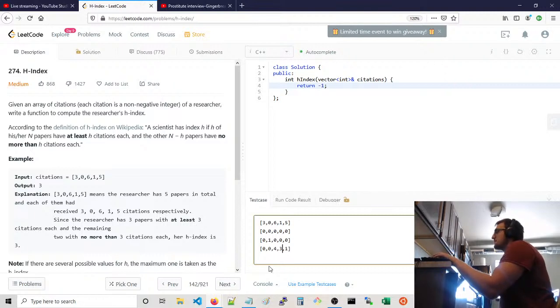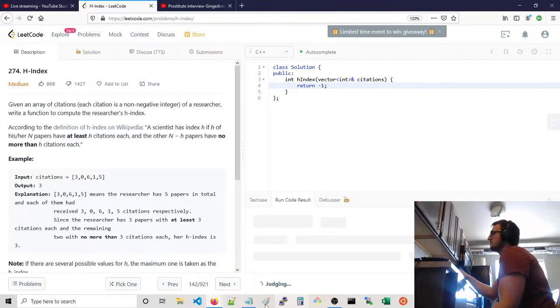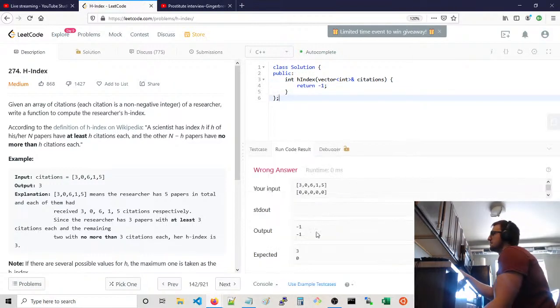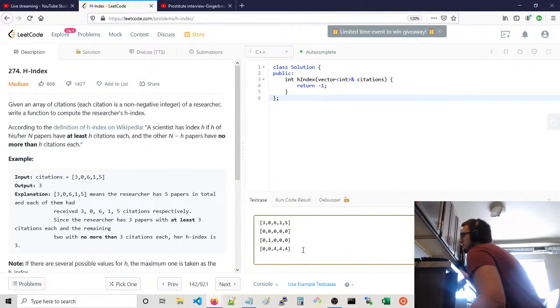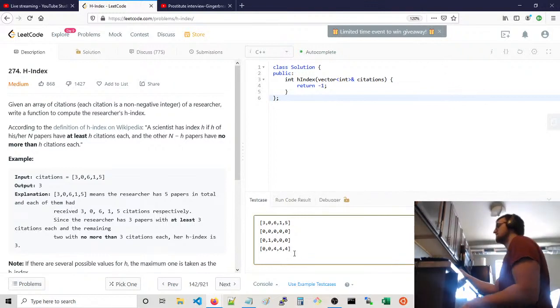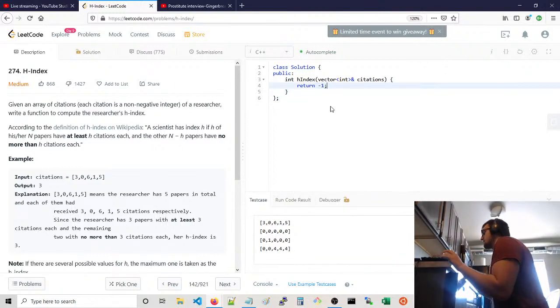So if you have 4, 4, and 4, you get, I think, 3 for that one. I have to put a bunch of different test cases because it doesn't make sense to me. But in that case, it's pretty straightforward, I think.